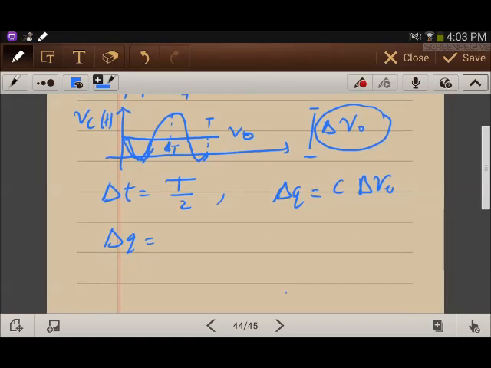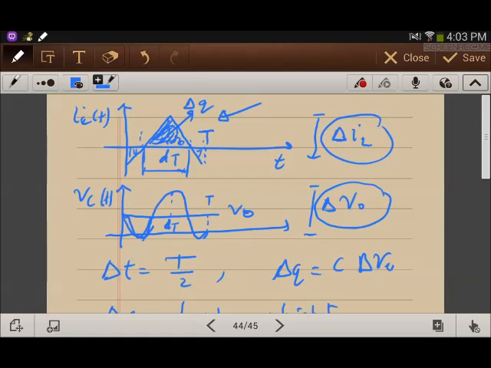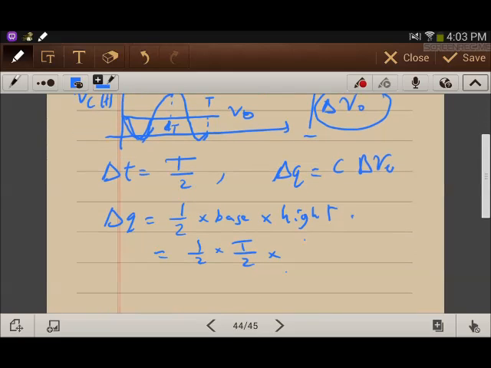It's a triangle, so it's half multiplied by base multiplied by height. So it will be half multiplied by base, which is T over 2, multiplied by height. The height here is delta IL divided by 2, since all of this is delta IL, so half of it is delta IL over 2.